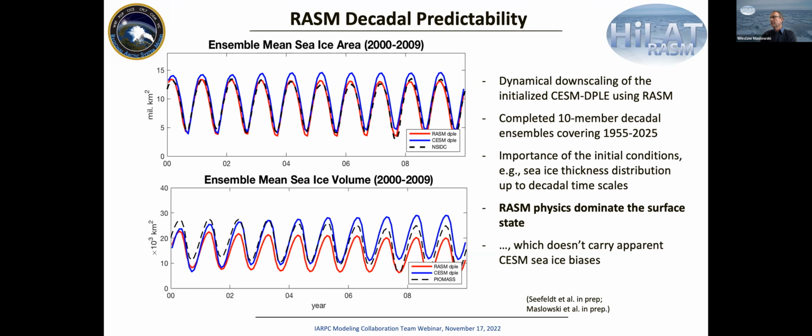We're showing that those initial conditions might actually be important for up to 10 years. And RASM physics dominate the surface state, which doesn't carry apparent CSM biases, as shown in the volume panel here in the lower left from the RASM simulation for that ensemble.